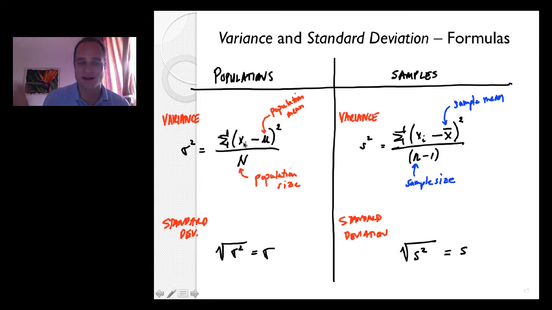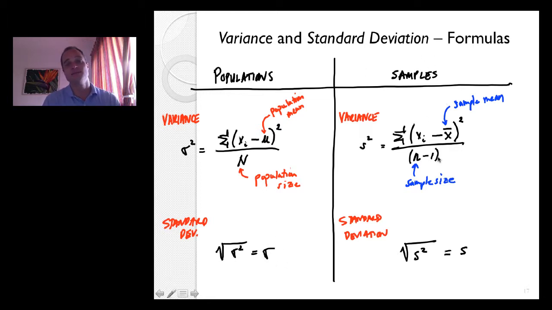X is income, or whatever X is, it doesn't matter, it's just a placeholder for the variable. So X minus mu is each individual value's deviation relative to the mean. In parentheses, I'm squaring this. So this tells me to sum all these squared values and then divide by the total population size. That gives me my variance, but it would be in units squared. The standard deviation is simply the square root of that, so it's lowercase sigma.